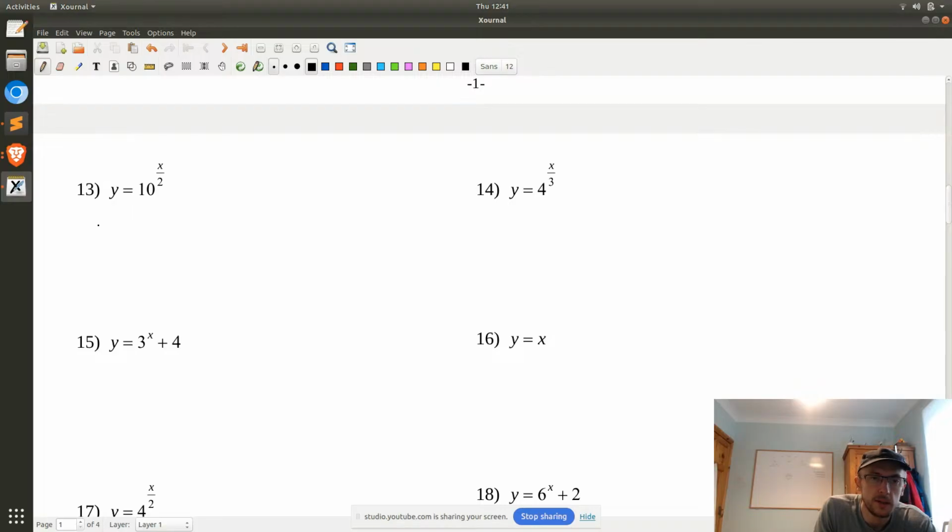Okay, take logs of both sides. And times both sides by 2. And then swap the variables.